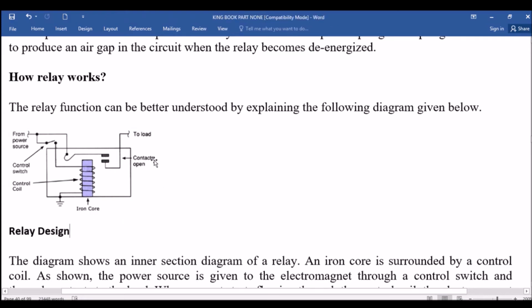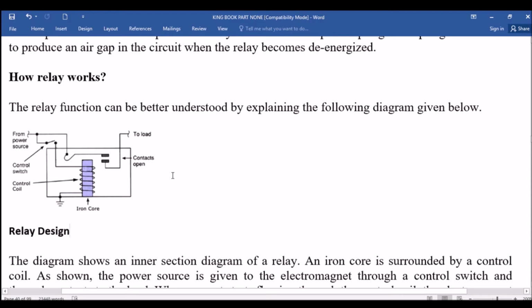So you see there's our contact open. You see this? There are two contacts. Then let's see what will happen when we apply this power source on our winding.